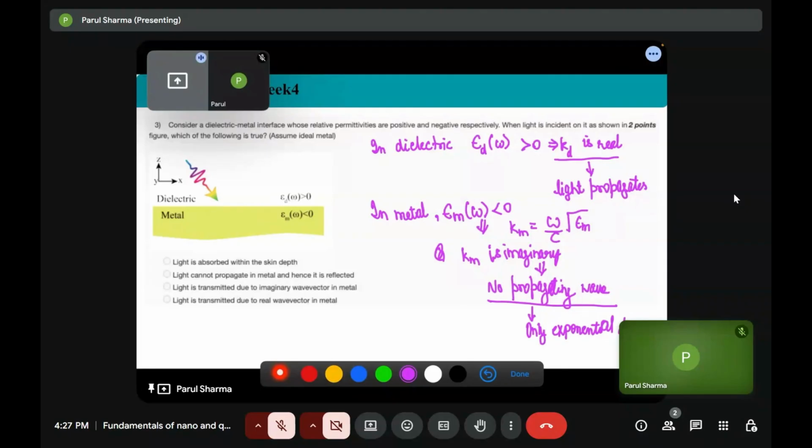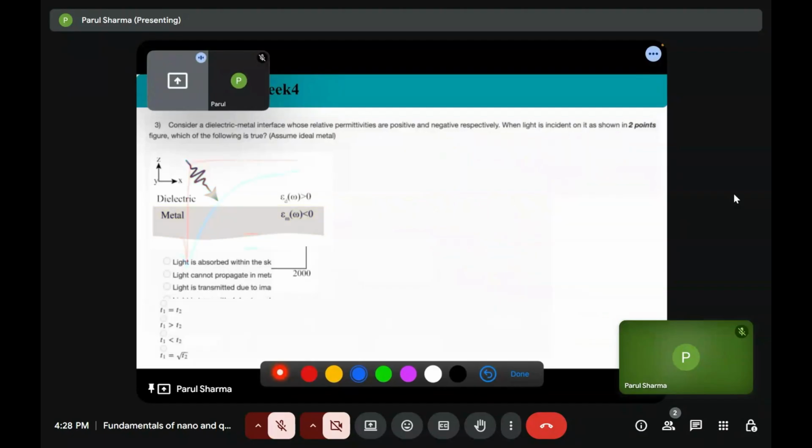So if we consider our options, light is reflected. The right answer is that light cannot propagate in the metal, it is reflected.